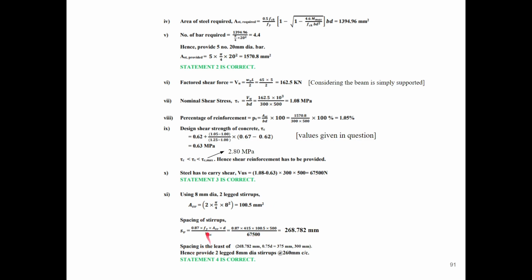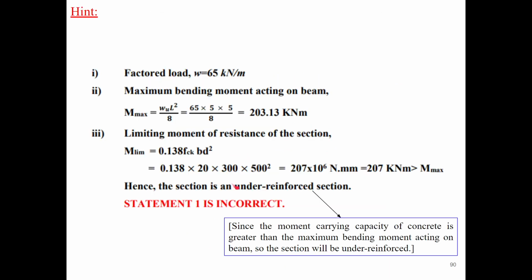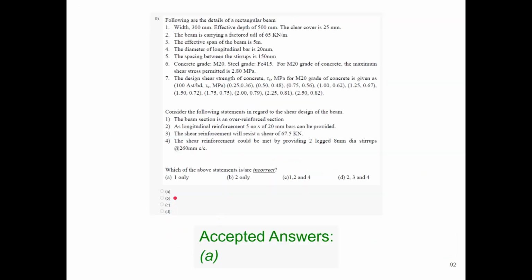So actual spacing will be the minimum of 268.78, 375 and 300, which is 268.78, or we can go for 260. So we can provide two-legged 8 mm dia stirrups at 260 mm center to center. So the fourth is also correct. So the only wrong one is one. Which is incorrect? A, one only. So as you can see, A is the correct option.